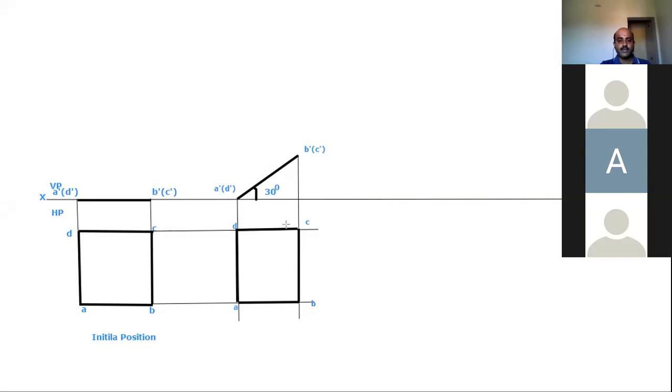Now you have to take this and tilt it with respect to the VP. It is inclined at 45 degrees to VP, so draw a line for 45 degrees.